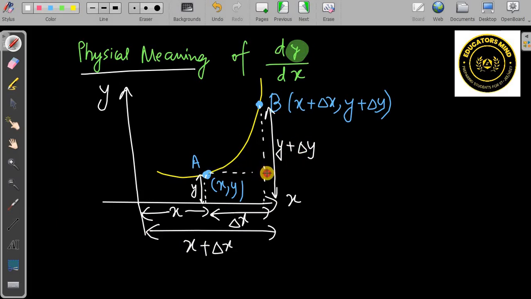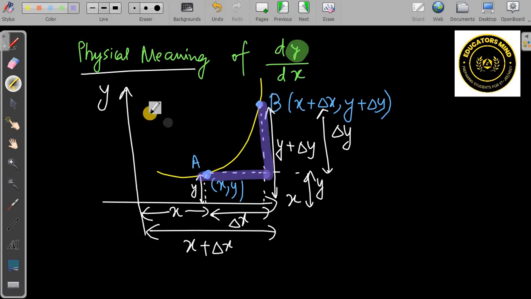Till here it was y only, right? Till here it was y. So this length must be delta y, isn't it? So basically there is a change, and this length represents the change. This length is delta x, and this is representing delta y.